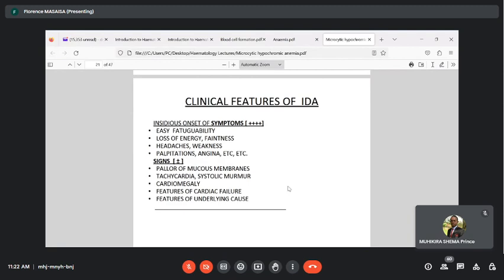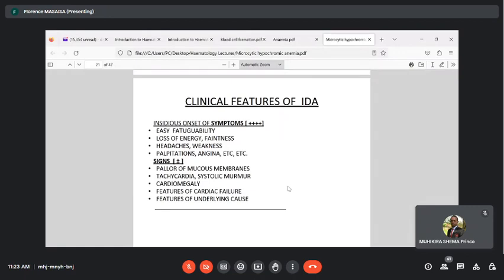So what are the features of anemia? Maybe I didn't explain it before. Anemia in general, the mechanism is poor oxygen supply to the tissues and organs. That will be represented by easy fatigability, loss of energy, weakness, and palpitation if the anemia is severe. Then when you go to physical exam, the key thing to look at in the patient is the conjunctiva.